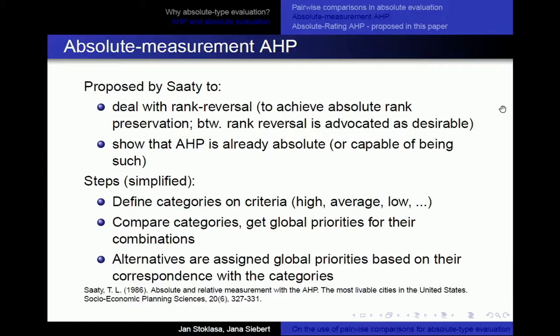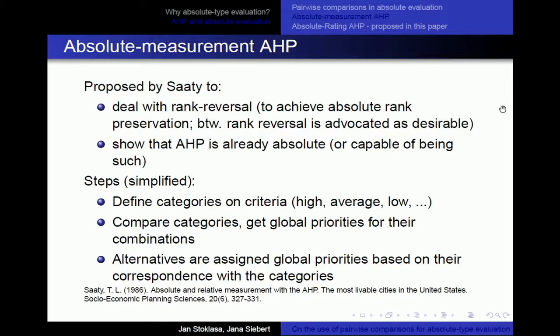So essentially, he said, look, if you take AHP, but if you do not consider the values of the alternatives, but if you define categories on criteria, so in each criterion you have low, medium, high value of the criteria, you define it on the respective scale, and then you compare these categories, you have supercategories, and you have the evaluations of these supercategories computed by AHP.